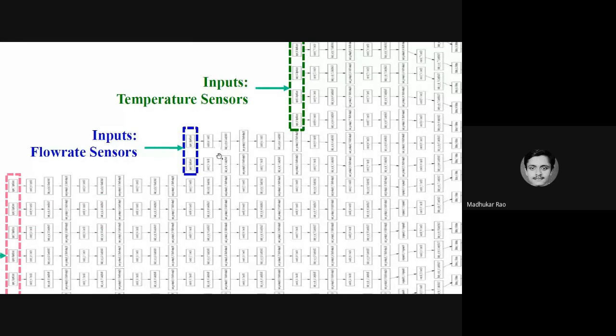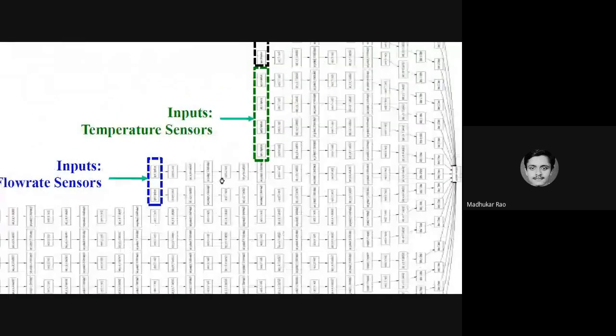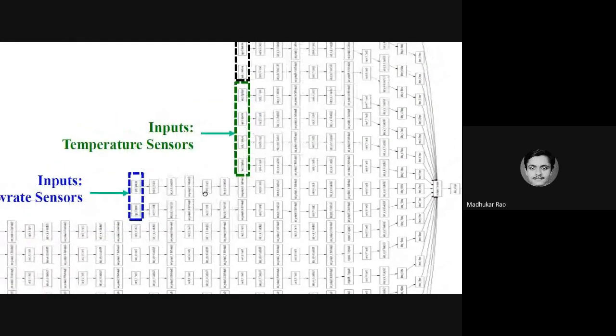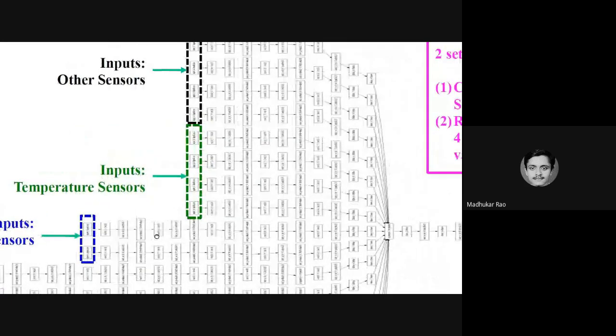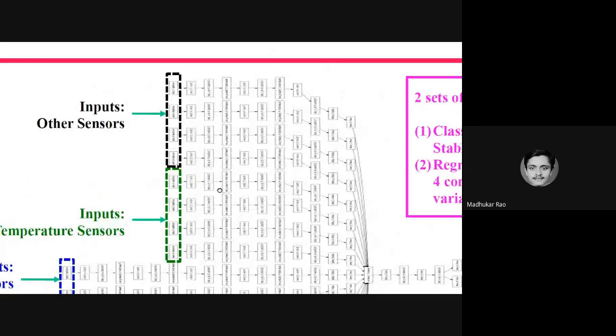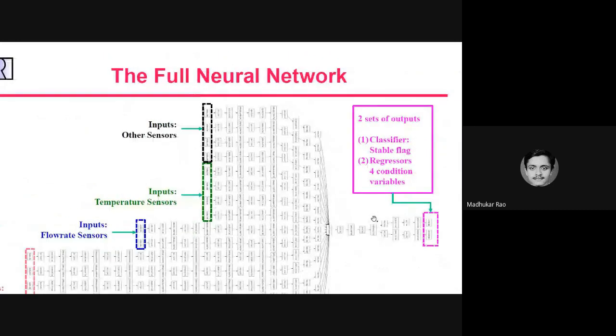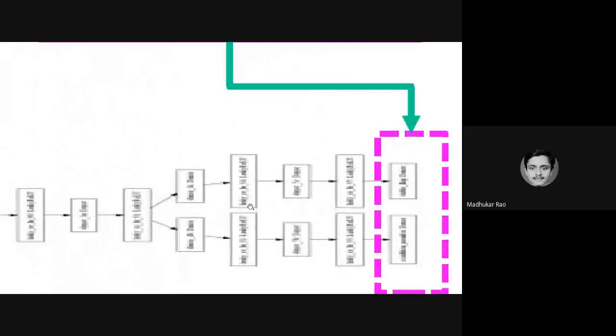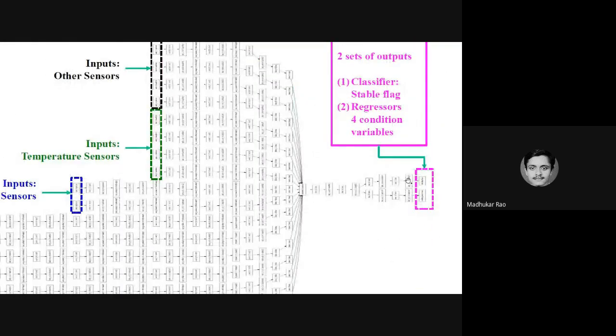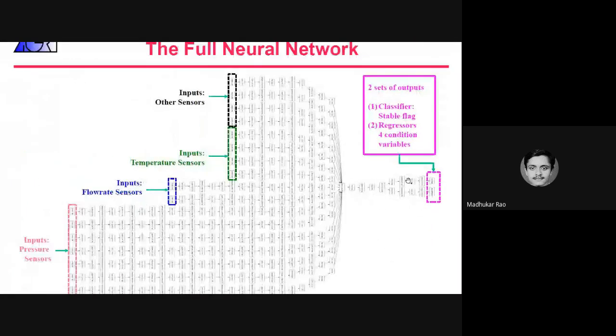This is the flow rate sensors which take I think 600 inputs. Temperature sensors which take 60 inputs, and other inputs are also 60 in number. And then there are two outputs which are split off from the dense layer. One is the regression output and the other is the classification output.